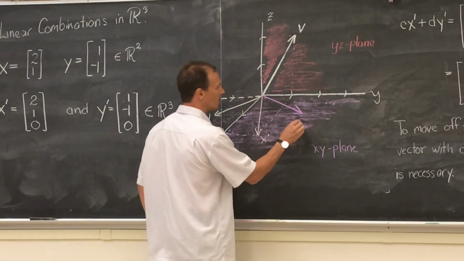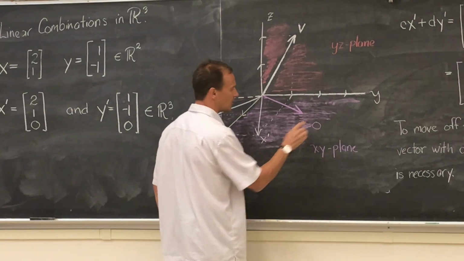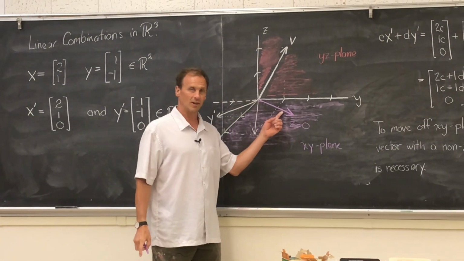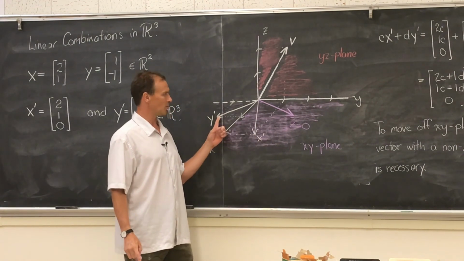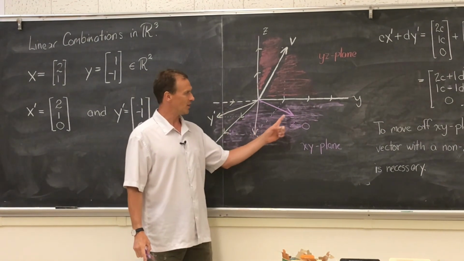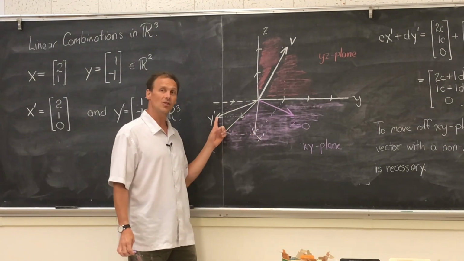Well, in this case, it would be that z is 0. In other words, this purple vector is a linear combination of x prime and y prime. So this vector is of no needed value because it's already covered by these 2.